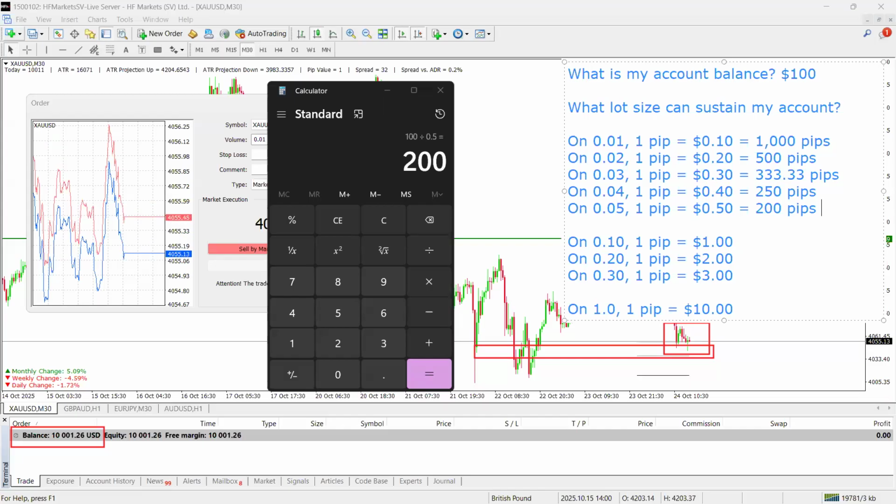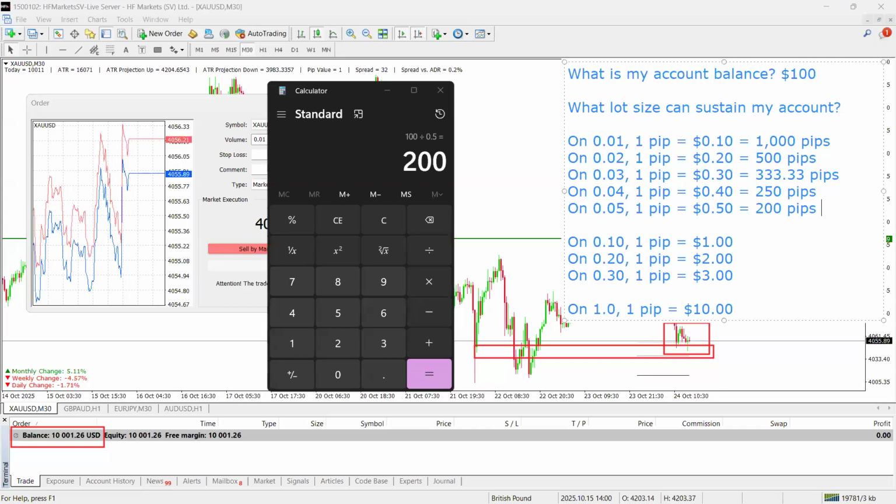Now, if I'm trading 0.01 on a $100 account on a major pair or a normal market, it would take the market 1,000 pips for me to lose $100. If I increase that lot size to 0.02, it completely halves the amount of movement that the market needs to take against me for me to lose that account.